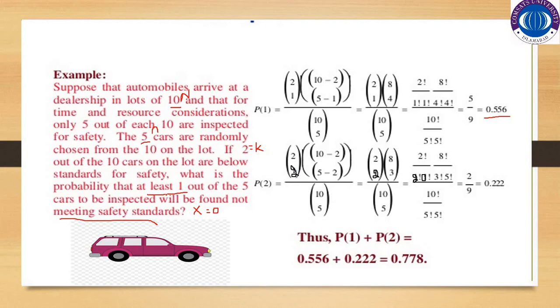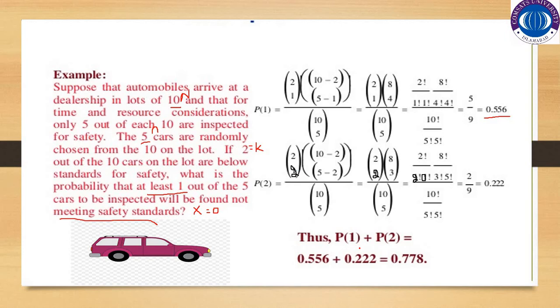As the word at least is used here, we cannot go further and substitute x equal to 3 to find the probability of 3 cars not meeting the safety standards, because it is written here that only 2 cars out of 5 cars are below the standards for safety. So we are restricted till 2. There are only 2 cars in the lot which are not meeting the safety standards.